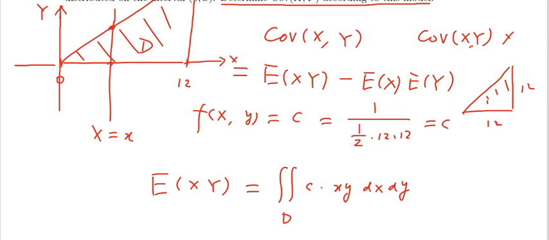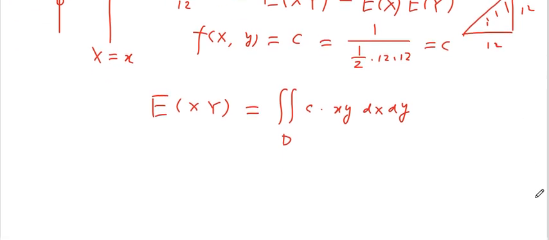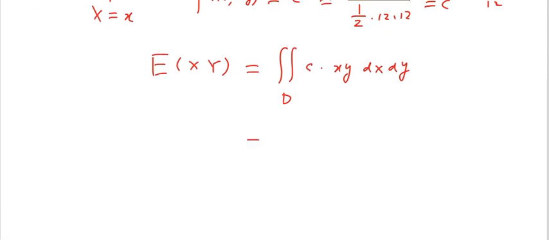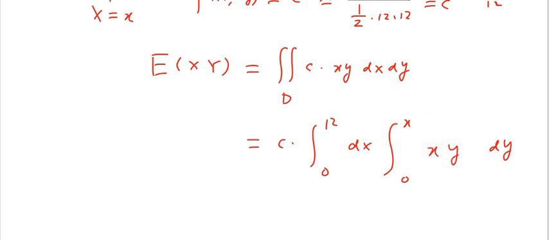We can put c outside: x from 0 to 12 dx, and for y from 0 to x, dy, of x times y.